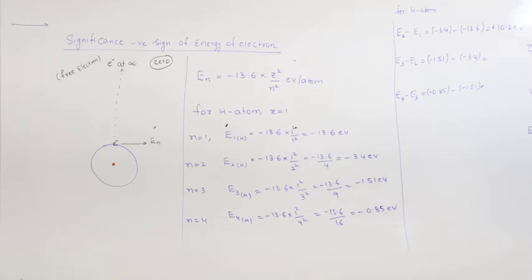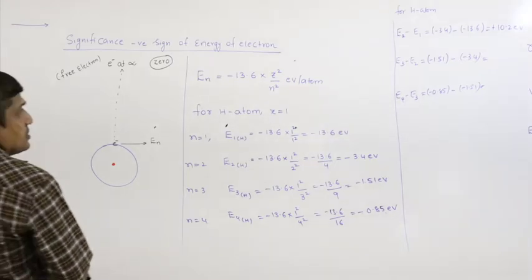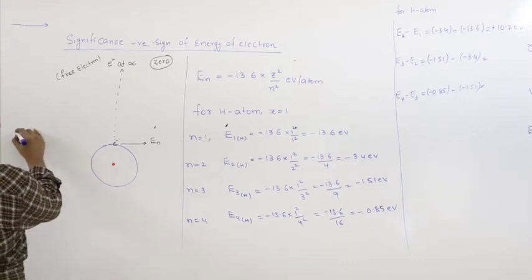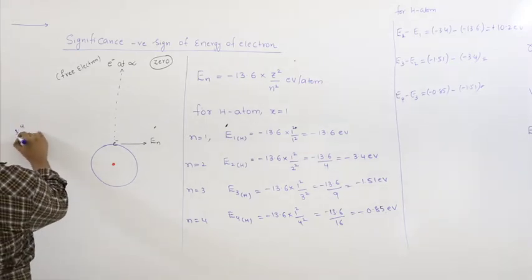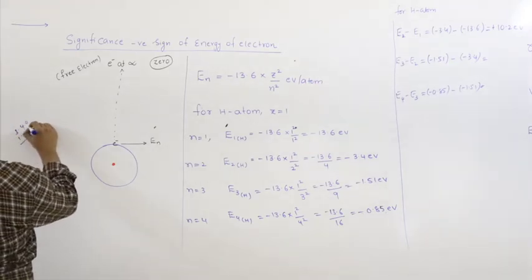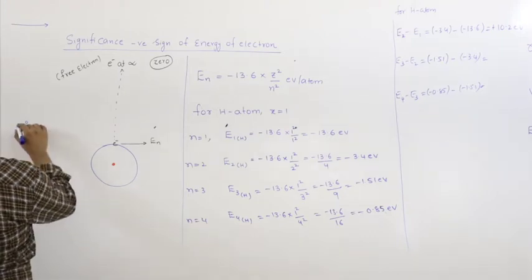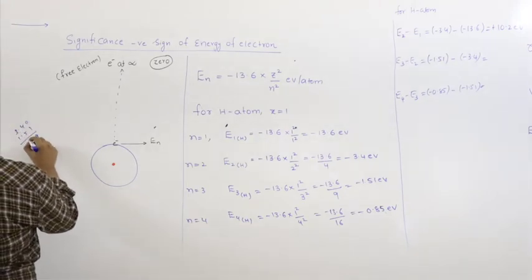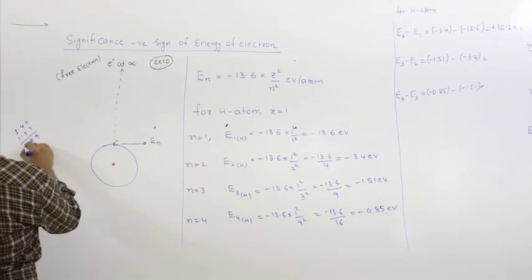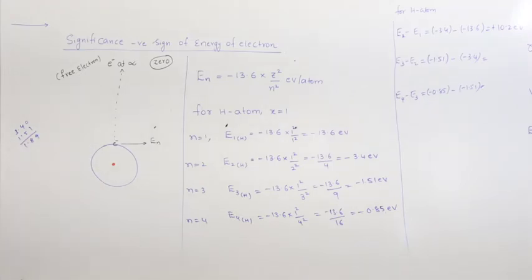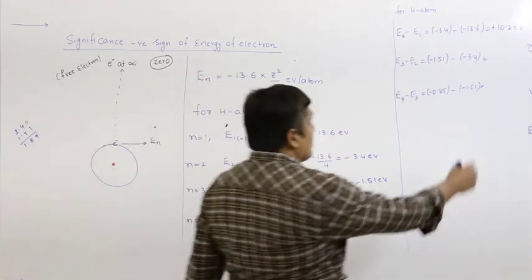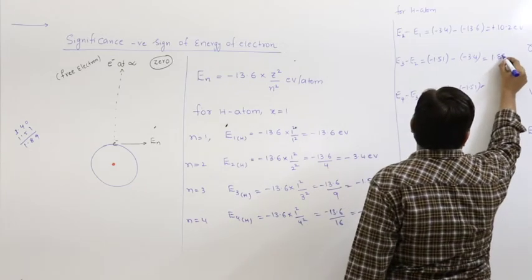So if I calculate for the next, 3.4 minus 1.51, I think you'll get 1.89 electron volt.